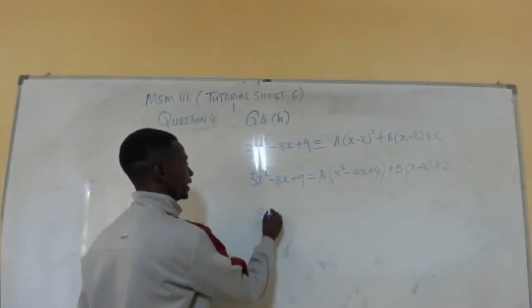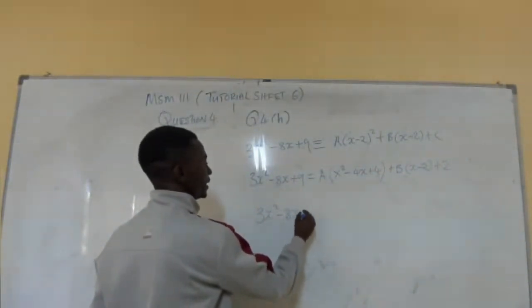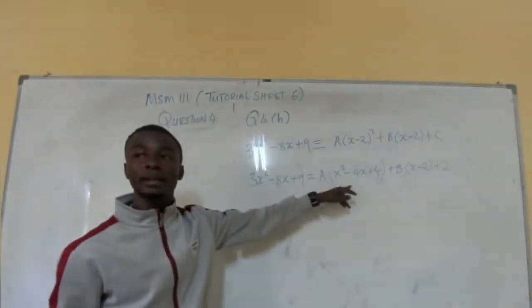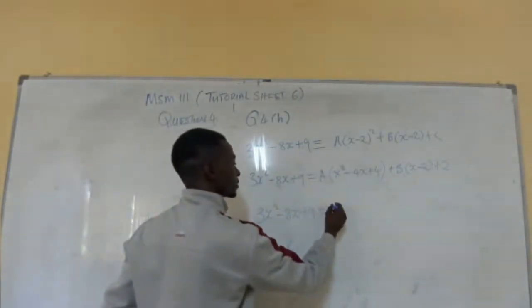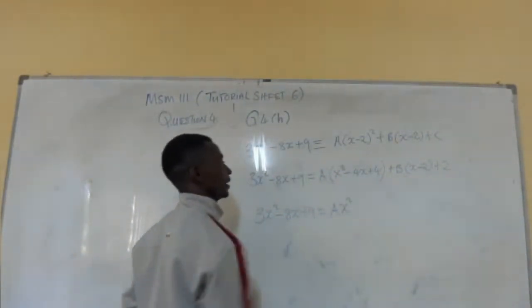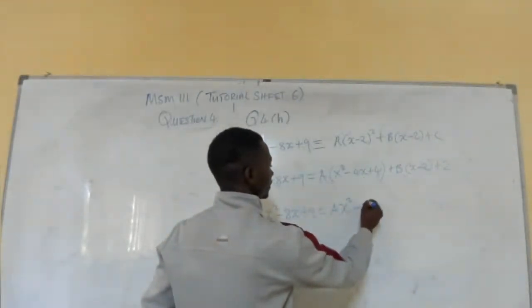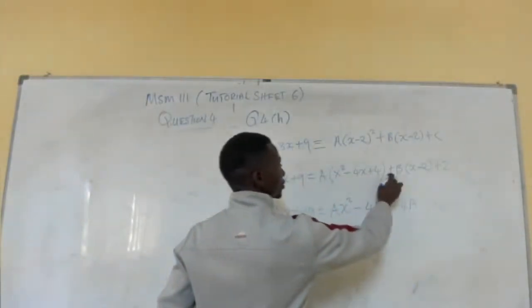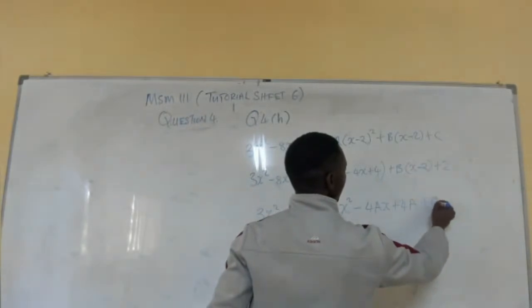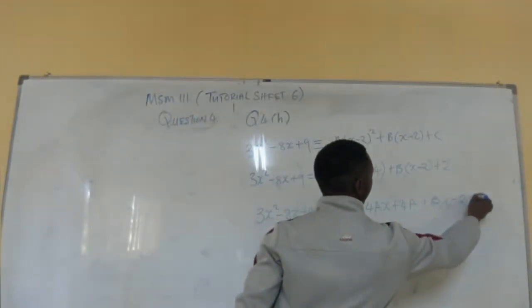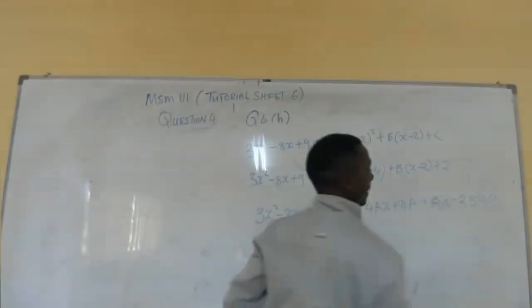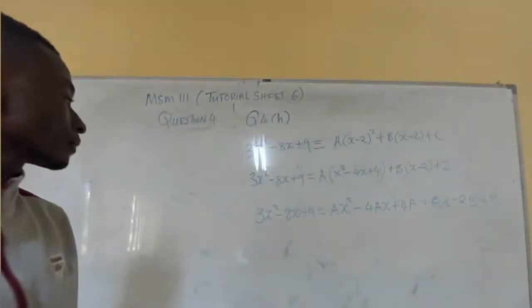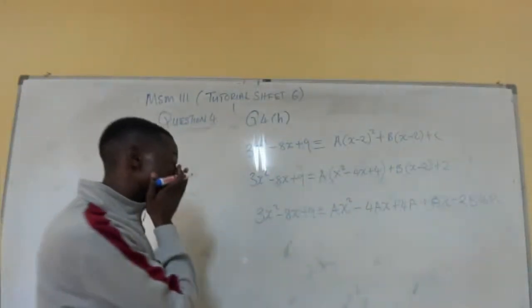So now you say 3x squared minus 8x plus 9 equal to, then you distribute A. A multiplied by x squared is Ax squared, minus 4Ax plus 4A. Then plus Bx minus 2B plus 5. So now let's do it.